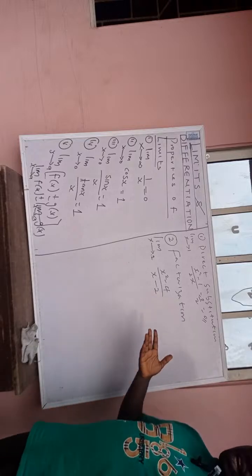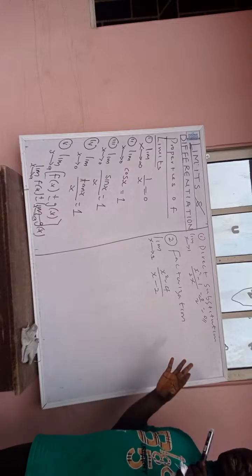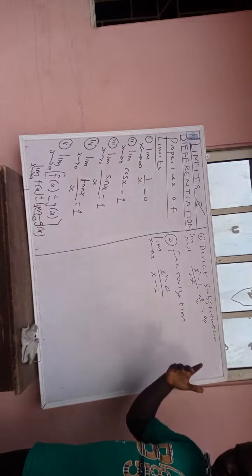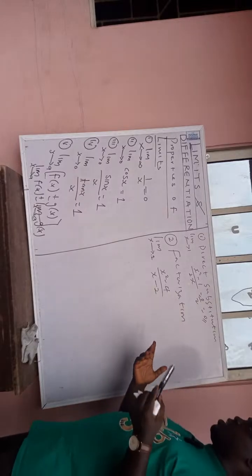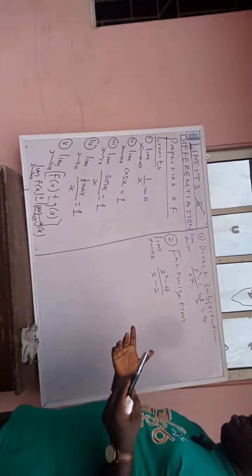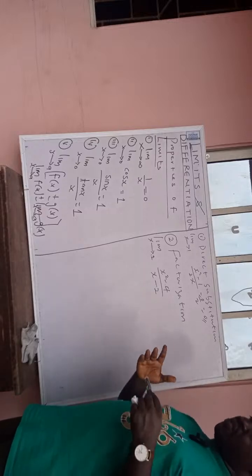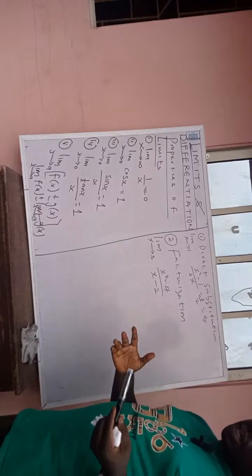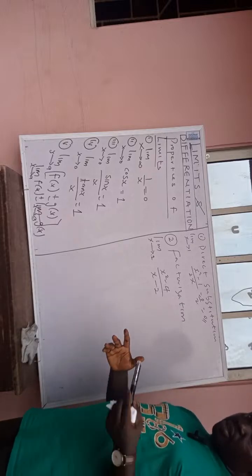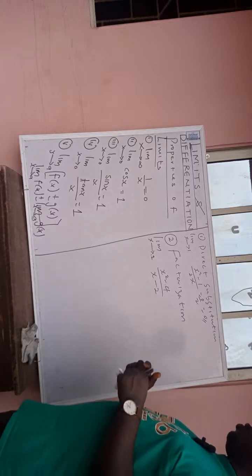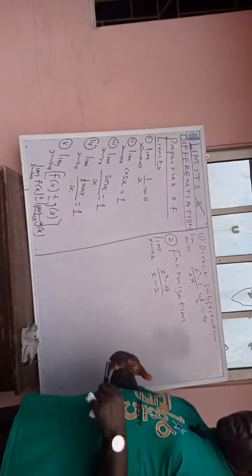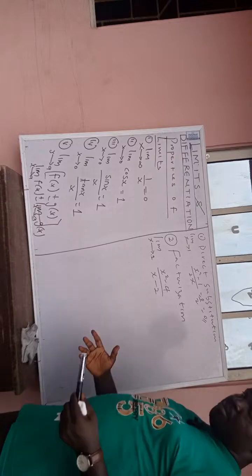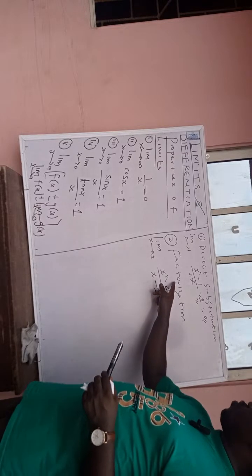And an average secondary school student who does not understand certain things will tell you that 0 divided by 0 is equal to 0. But is that true? That is not true. 0 divided by 0 is not 0. You know that. 0 divided by 0 is indeterminate, it's undefined. Because you have to avoid 0 divided by 0, that takes us to another method.